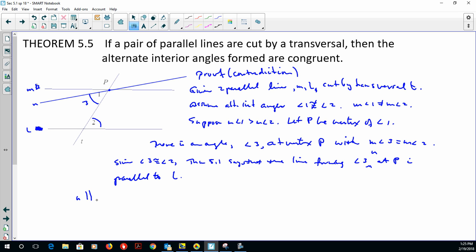And N is not the same as M because it makes two different angles here. This gives us a contradiction. This contradicts the parallel postulate.